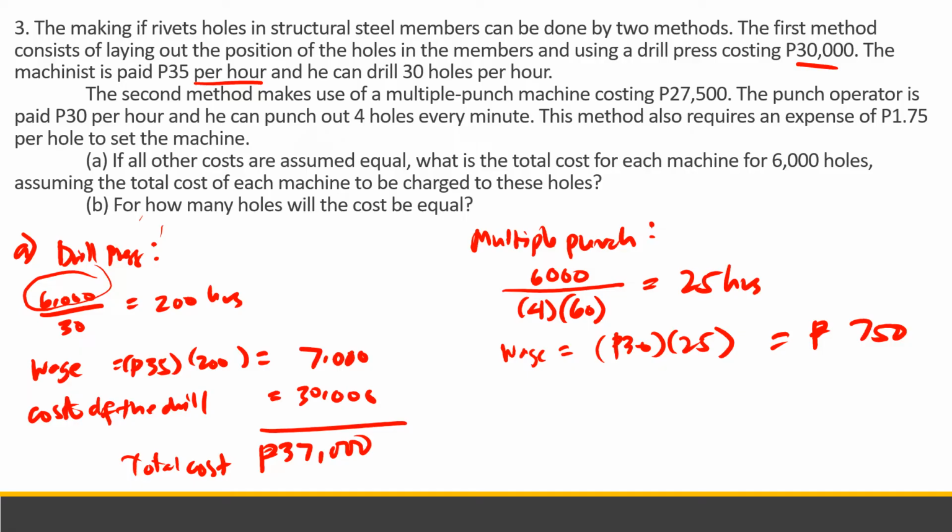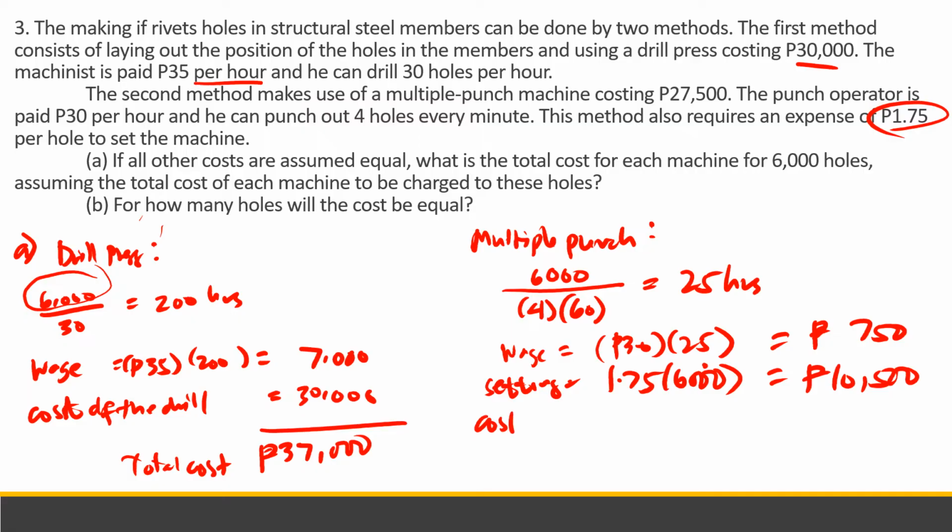And then for the setting up of the machine, so this cost, so merong 1.75 for each hole, and then is equals to 10,500. So for the cost of machine, which is 27,500.